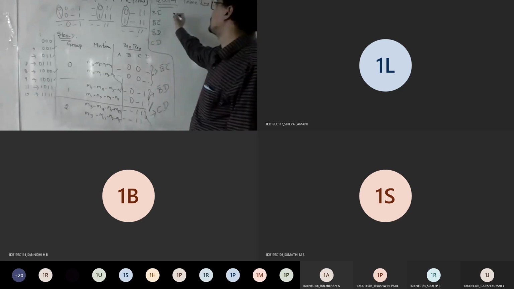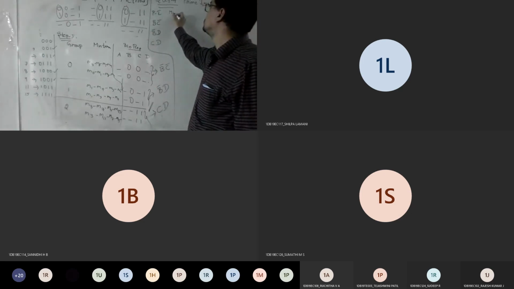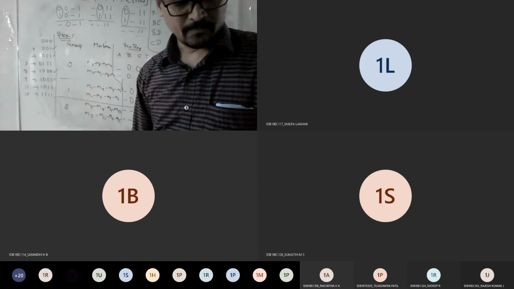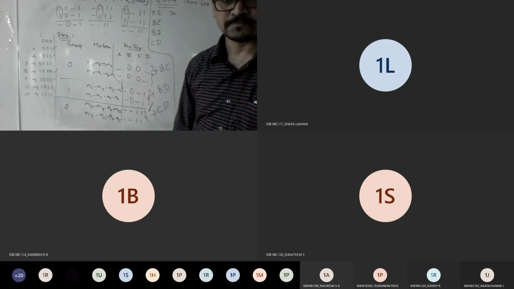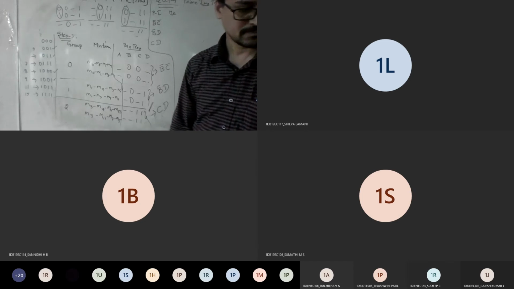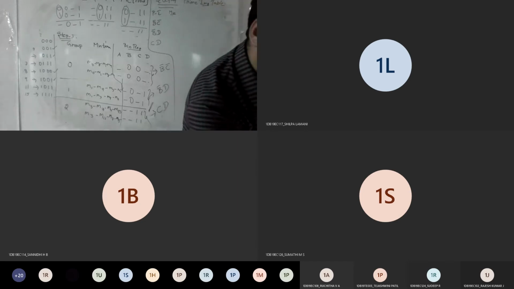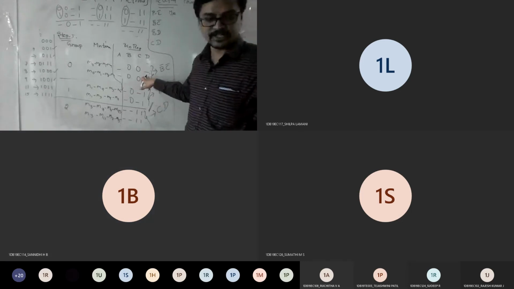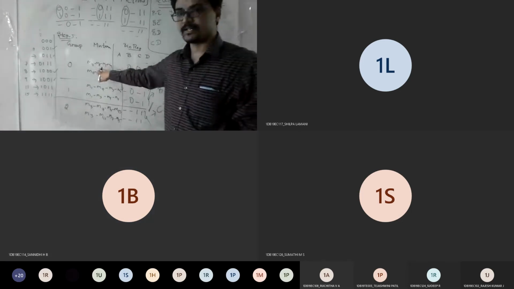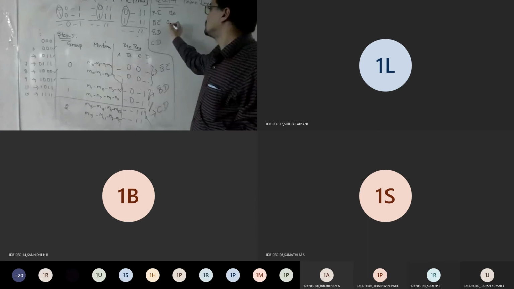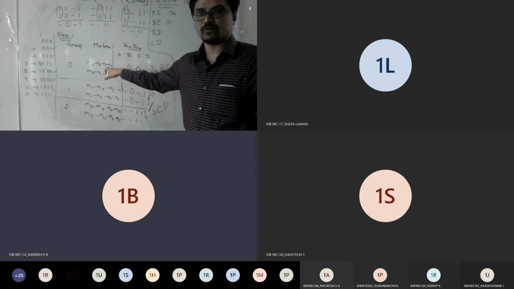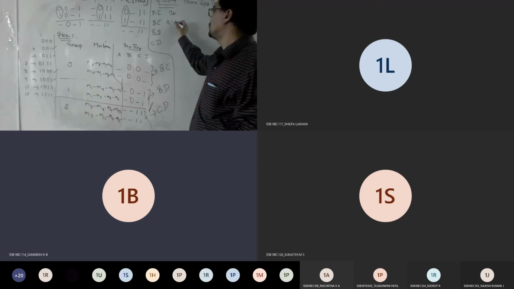Second thing, you need to write the min terms. So in the second column, you need to write min terms. What are the min terms you got corresponding to this? Can you tell me? You can see the numbers here, right? You can make it in order. It's the same, no? 0, 8, 1, 9, nothing but 0, 1, 8, 9.